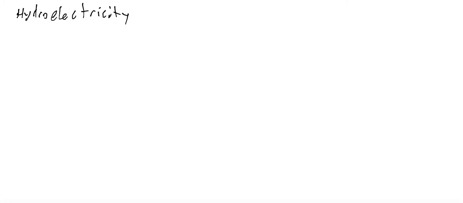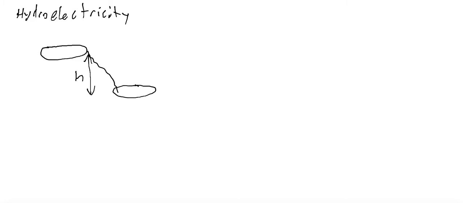In the rivers we can build dams, and this energy of flowing water can be converted into electricity. Is it clear? Okay, so let's imagine that you have a high reservoir of water and a low reservoir of water, and water flows from the high reservoir to the low reservoir, and the height difference is h.